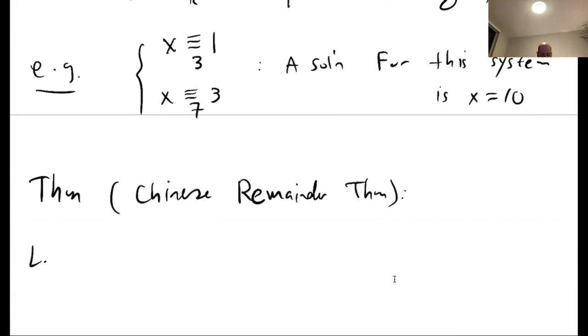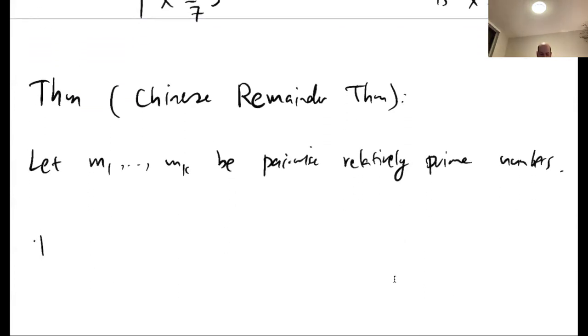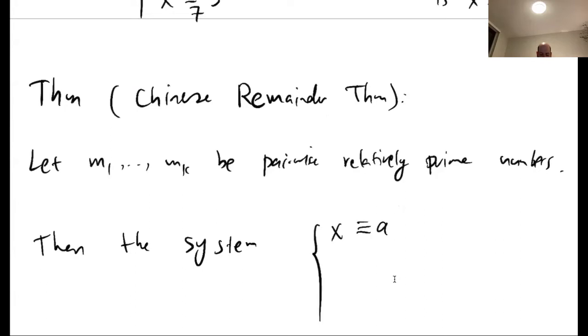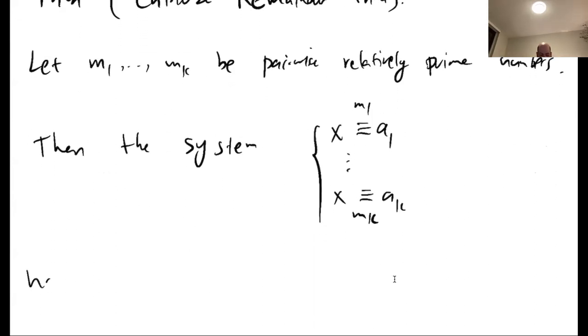Theorem, Chinese remainder theorem. Let M1 to MK be pairwise relatively prime numbers. Then the system that I just described above, X congruent A1 mod M1 all the way to X congruent AK mod MK, has a solution.